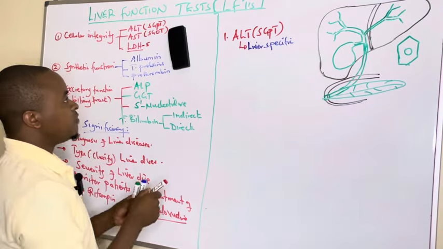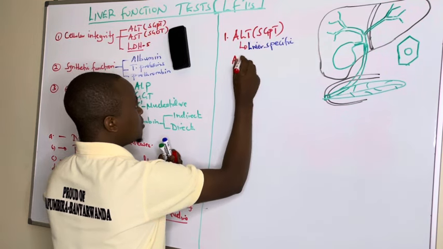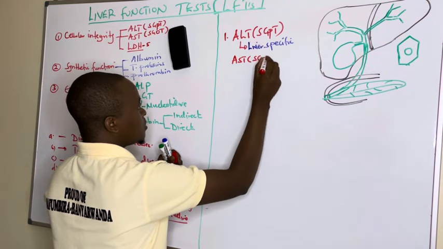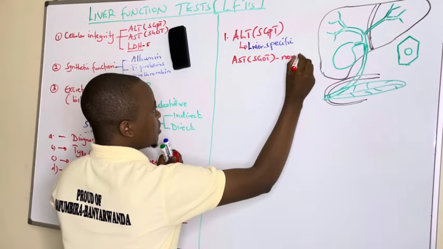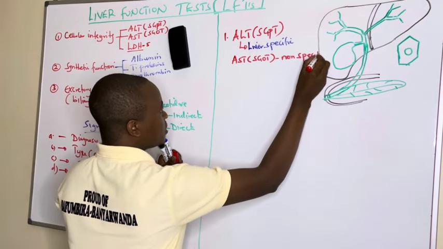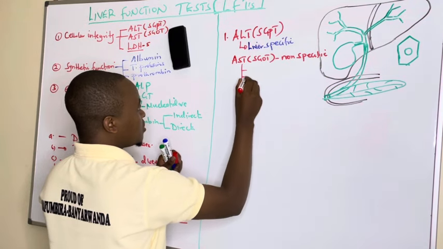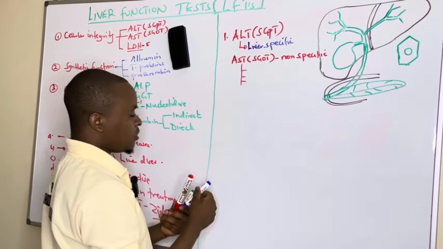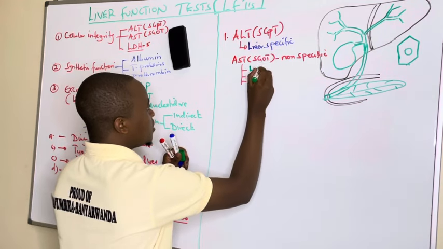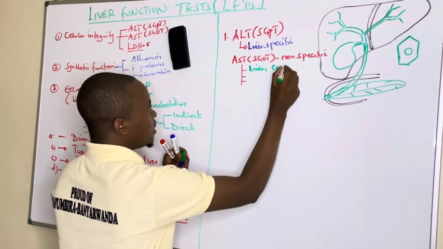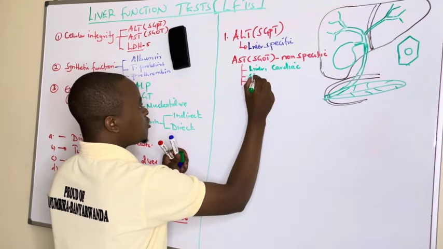So it is liver specific compared to AST, which is known as SGOT. AST is non-liver specific. Why? Because it is produced in other tissues. We are going to see AST being produced in equal amounts in the liver and the cardiac muscle, that is the heart, but at the same time it is produced in skeletal muscles.